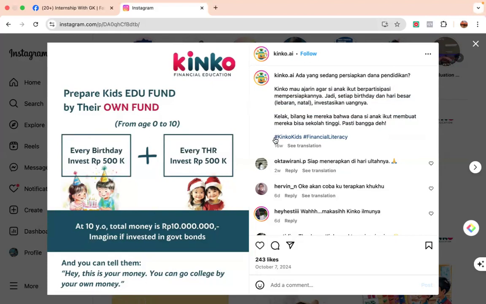But unless Kinko Education is actually big in Indonesia, which I don't know, in that case it makes sense to use it over here. Otherwise, we are losing the bandwidth of the 5 tags principle, which we had learned in the last class.